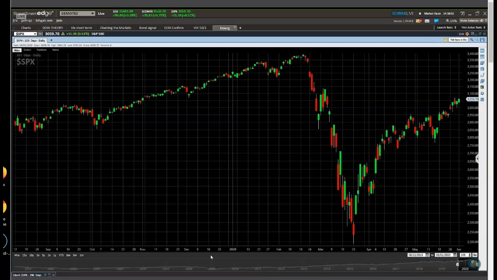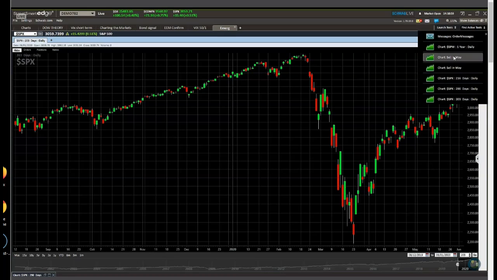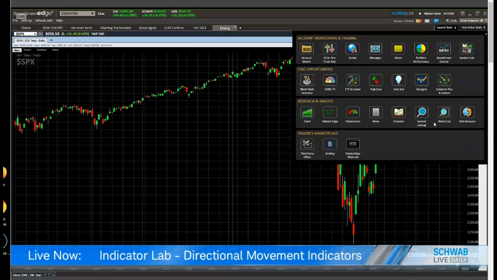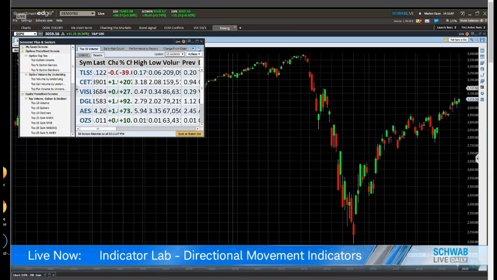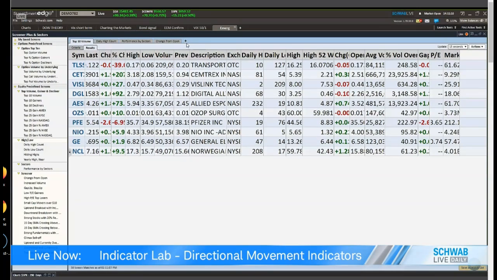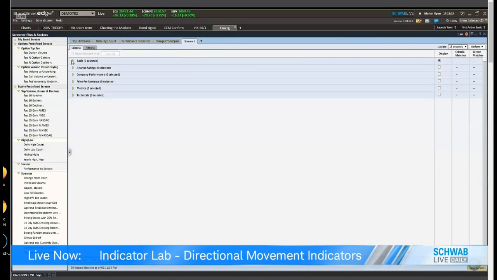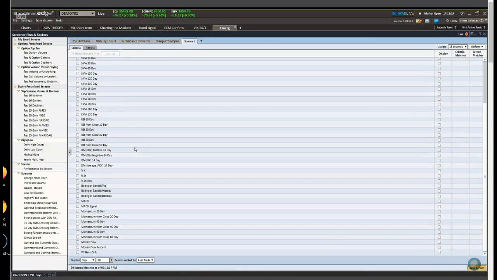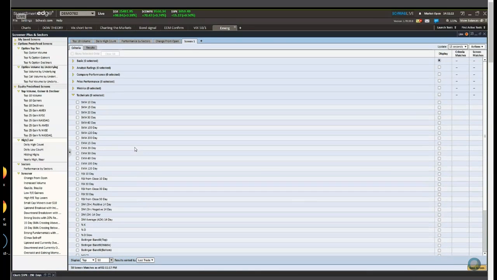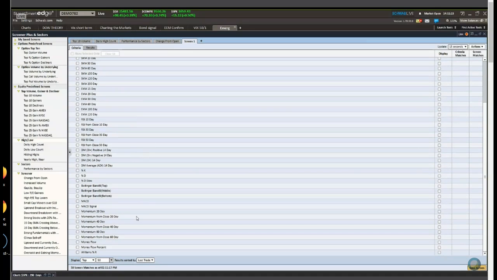So let's go over to our trading platform, Street Smart Edge, just to show you, knowing what you do now, how you might use it. We could go to our screener and build ourselves a new screen, and go to technicals. If you just want strongly trending stocks, you could take a look at ADX.